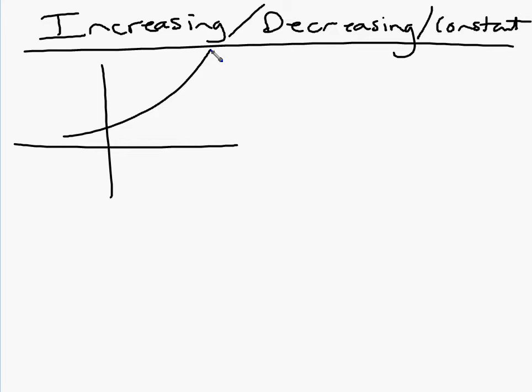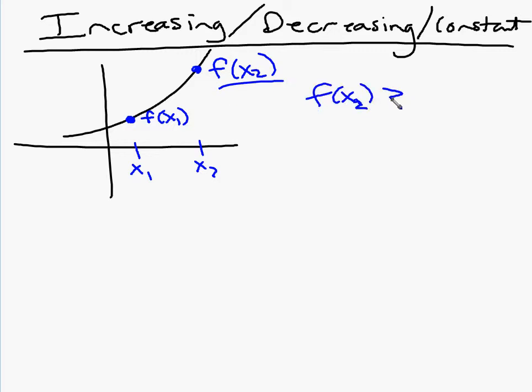Now, I know that you're used to relating this to calculus, but let's just keep this simple. If I were to look at this function value, let's say that this was f of x2, okay, here's x2, and this is x1, so this would be f of x1. If I was relating those two function values, if it's increasing from left to right, what can I say about those two function values? Yeah, f of x2 is bigger.